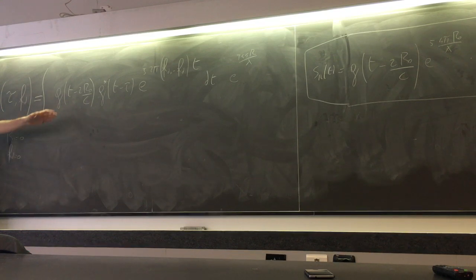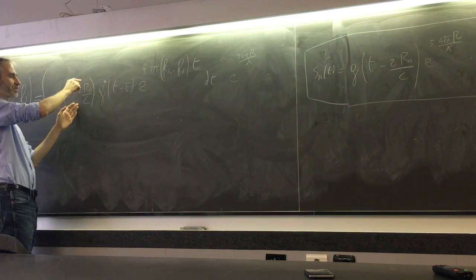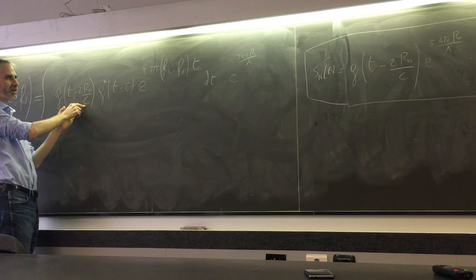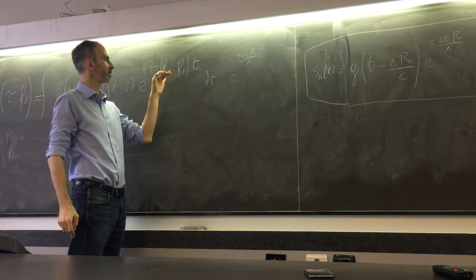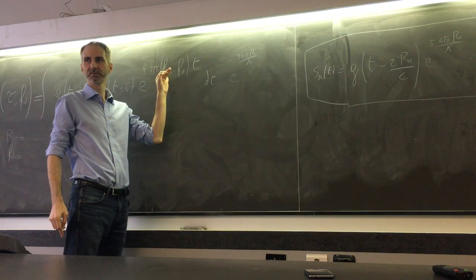Why do I do that? Because you see that whatever analysis I will do here, this will always be a function of tau minus 2R0 divided by C and Fd minus Fd0.